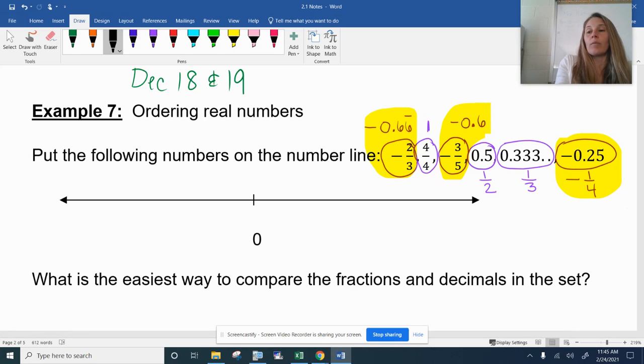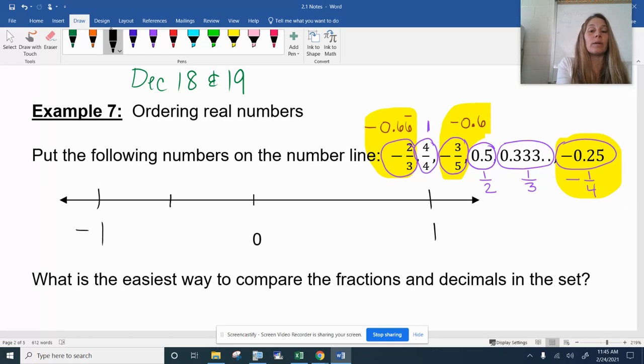Since all my numbers are small numbers between 1 and 0, that's all I'm going to put on there as a reference. So I'm going to look at my 3 highlighted ones here, which are all negatives. Now I have a -0.66666, whatever, which would be the farthest from 0. Then I have a -0.6, and then I have this -0.25.